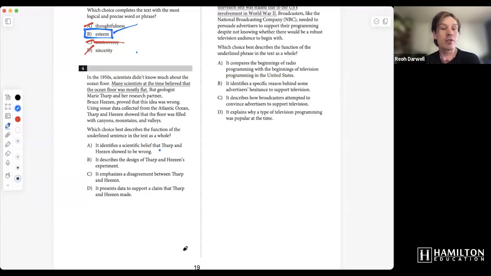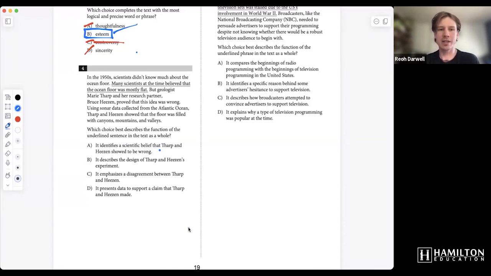All right, moving on to question four here on module two, a reading question. We are asked what the underlined sentence does for the text as a whole. Like, what's the function of this underlined sentence in the text as a whole? So we have to understand the whole text. You can't understand what the engine of a car does unless you look at the car as a whole.